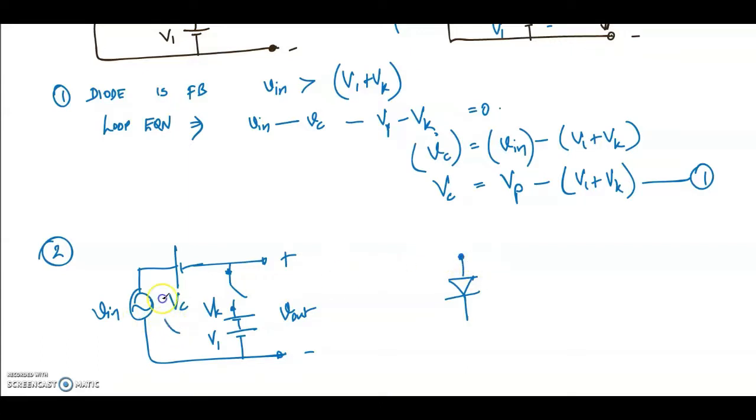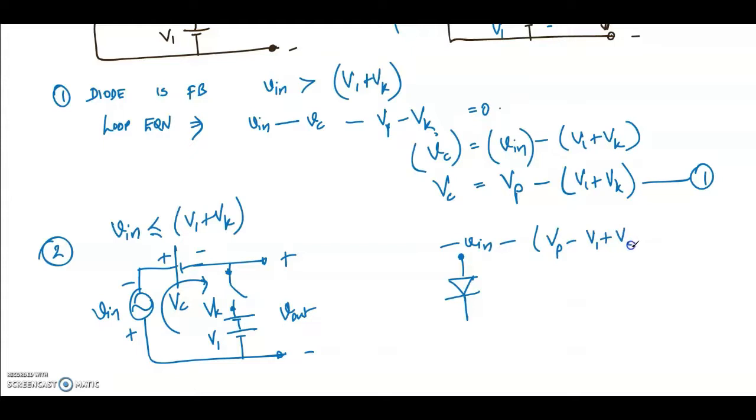We are considering the case where Vin is less than or equal to V1 plus Vk. Let me assume that the polarity is like this, becomes minus Vin or minus Vc. Vc is Vp minus V1 plus Vk.